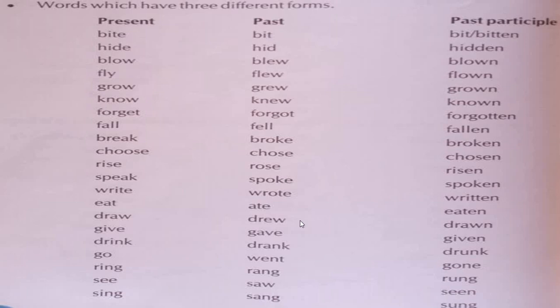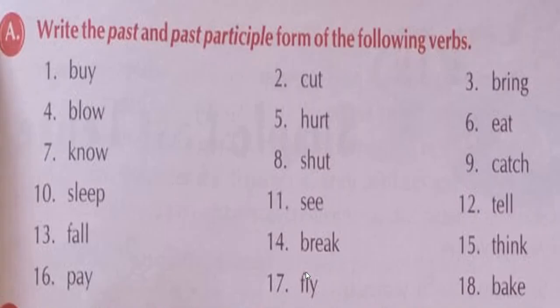So students, you need to learn this by heart, so that it becomes easier for you to do the exercises. Exercise A you need to do in your class copies. Write the past and past participle form of the following verbs. But students, don't copy. First you learn those forms.